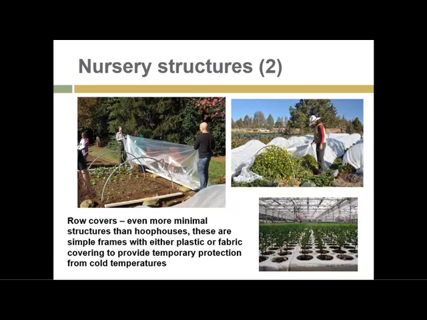Row covers are the same idea as hoop houses, but are much smaller, or even minimal structures. They're simply metal frames that hold either plastic or fabric covering to provide temporary protection from cold temperatures, or they can also provide shade to plants that are not tolerant of full sunlight.